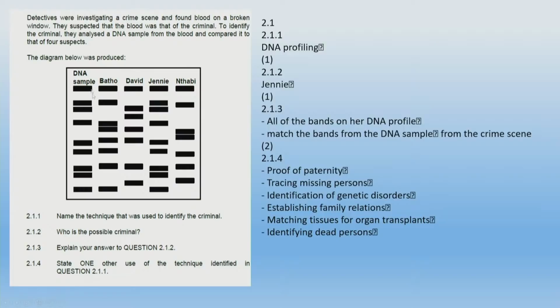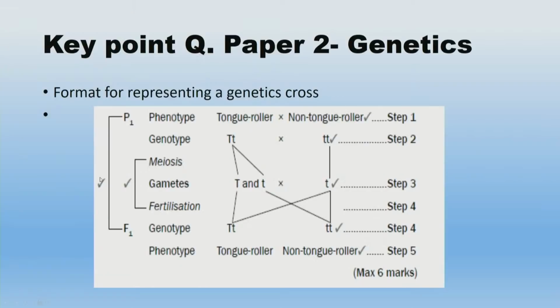This DNA sample of the broken window was there. So please look at the wording I'm using. It's a lot of information on this, but sometimes it counts 6 marks or 3 or 4 marks, and then the learners don't get all the marks because of that technical sentence about DNA bands. So enough on that one.